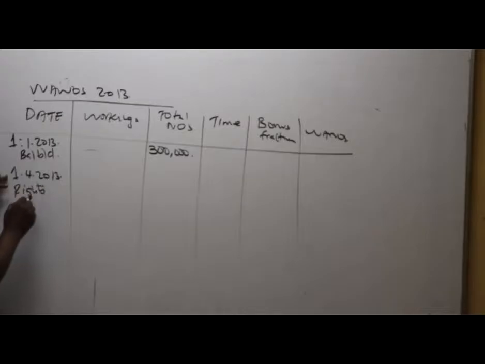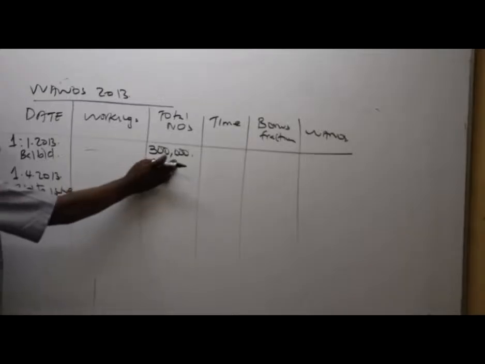And what was the rights issue? How many for how many? So they say 1:3. So 1:3 times the outstanding number of shares.